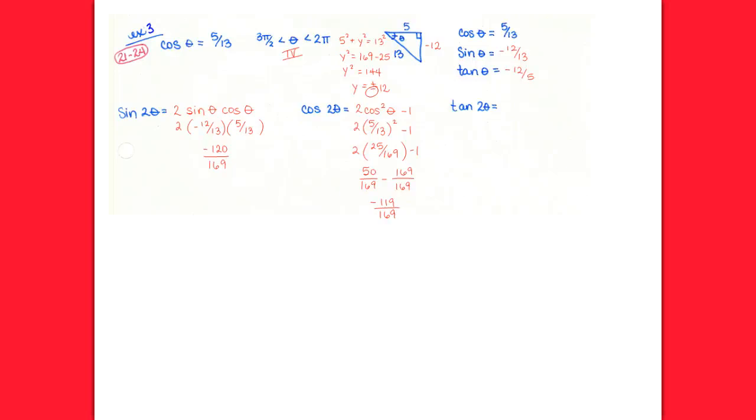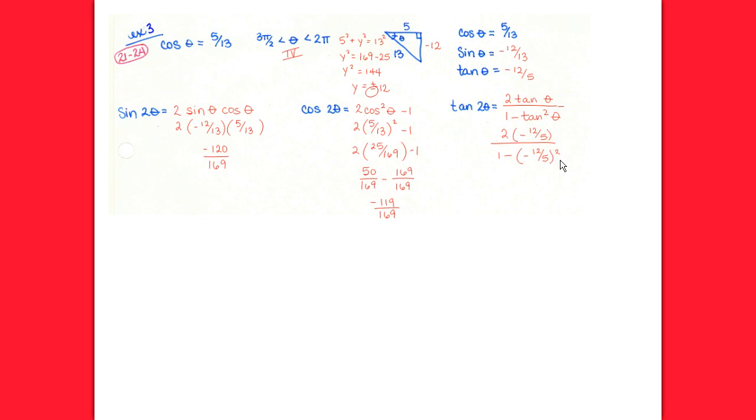Tangent 2 theta, I only have one formula. So that's pretty easy. I'm going to use the one that's given, and replace tangent with what it's equal to, negative 12/5. So I'm going to have 2 times negative 12/5 over 1 minus a negative 12/5 squared. Let me tell you one of the most common mistakes that I see on the test.